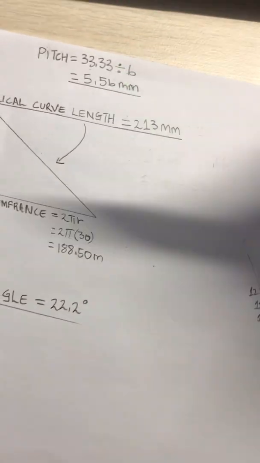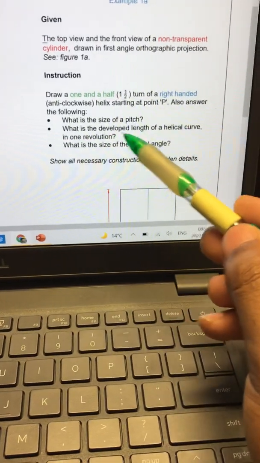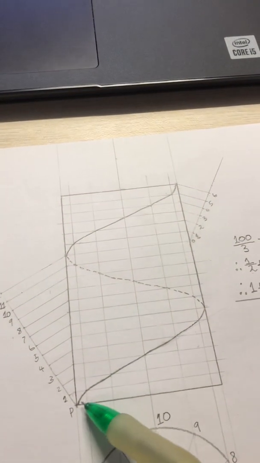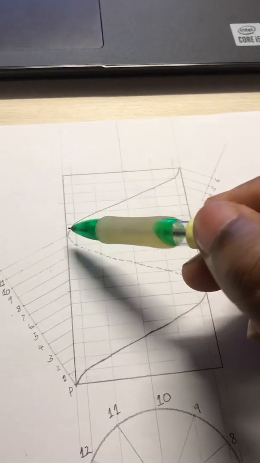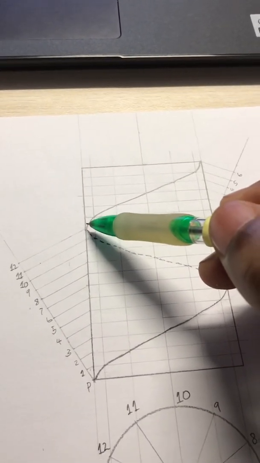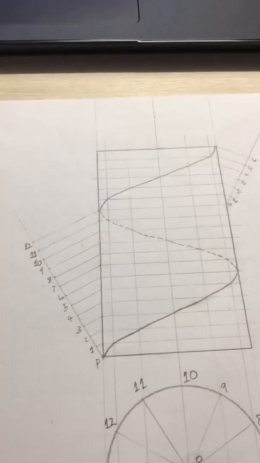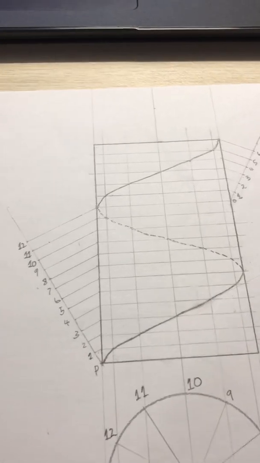So that's our pitch. The next question says, what is the developed length of a helical curve in 1 revolution? In 1 revolution, meaning in 1 turn, from here you go around up until here. Our height for 1 revolution is going to be 66.66.